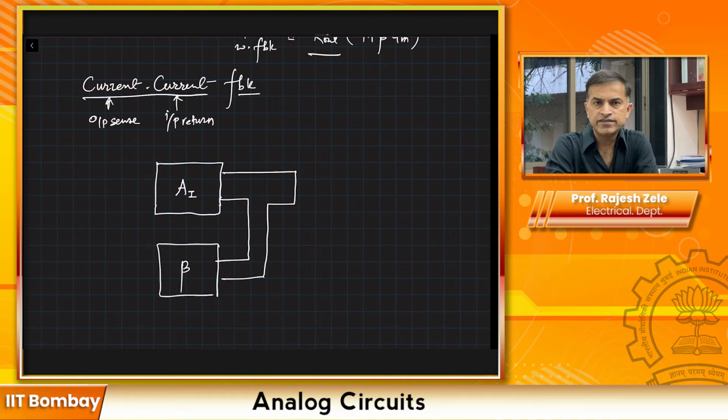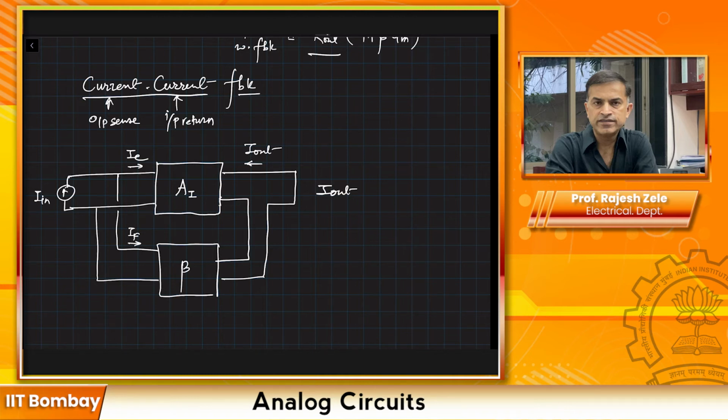So we have to subtract the currents here. We have input, which is I in, and the feedback IF comes out like this, and here is our IE, and here is your I out. So I out divided by I in, since this is a current amplifier, you will have some kind of AI factor, which is the current gain.